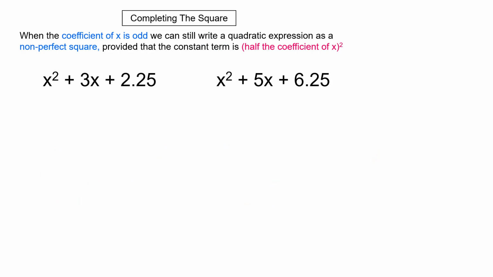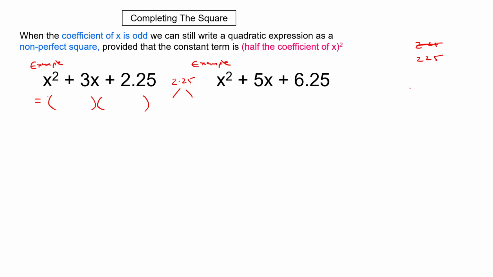Right, two more examples. Here we want to factorize again, so that's going to be equal to, open our brackets, but we're looking for perfect squares, which means I need the square root of 2.25. Now, 2.25, sorry, let's just look at 225.